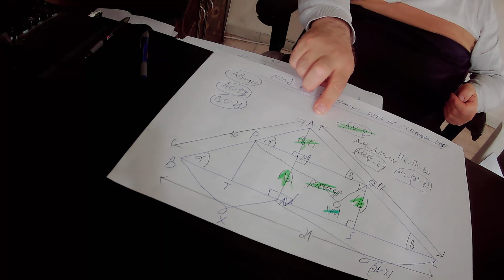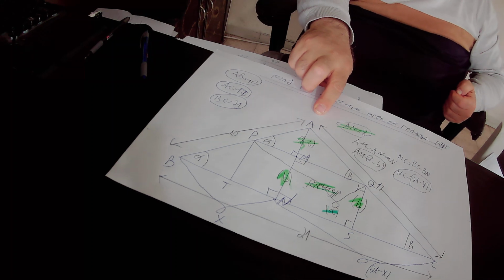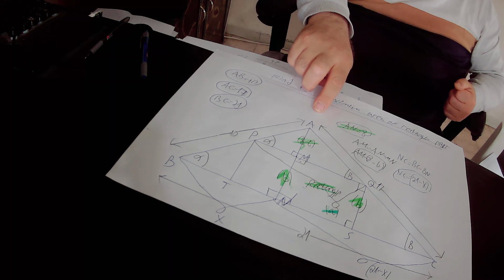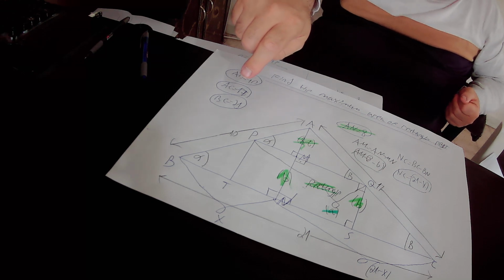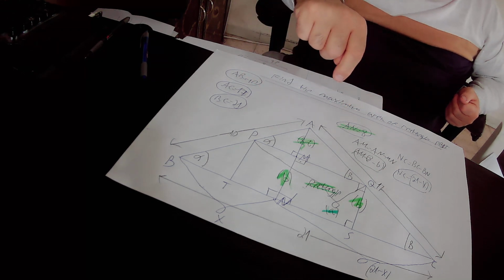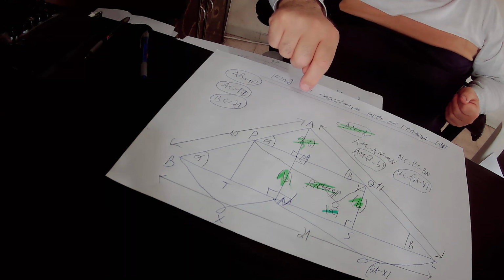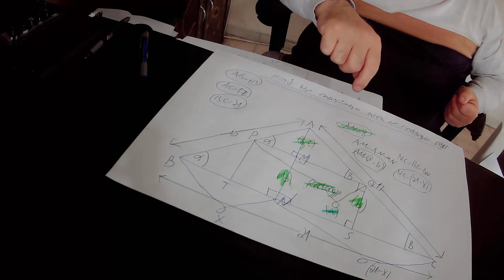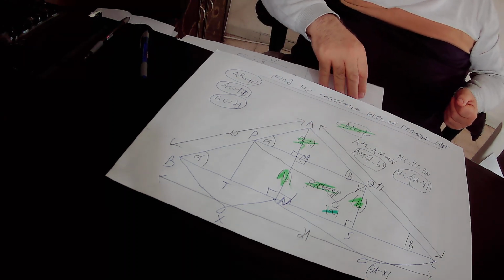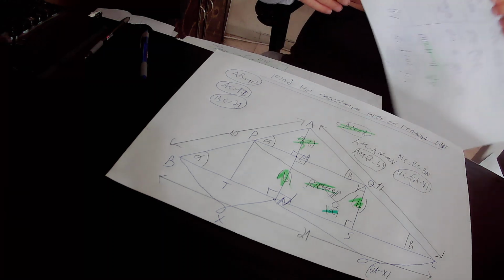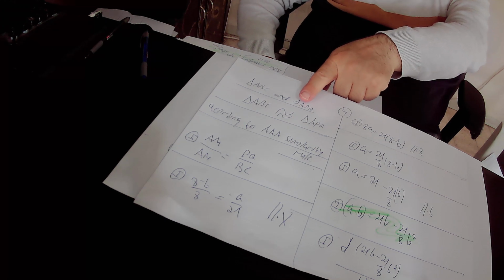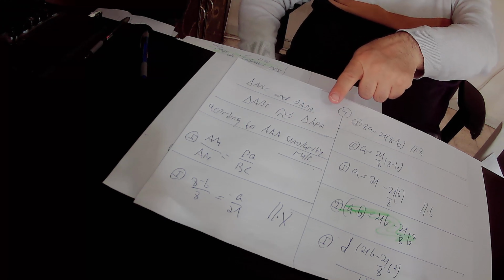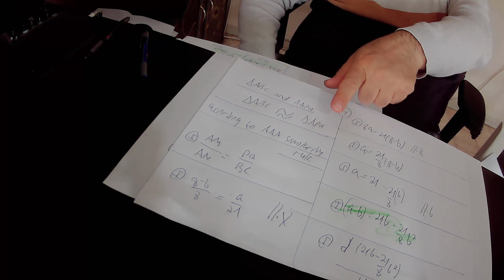So all the angles in the big triangle ABC are correspondingly equal to all three angles in the small triangle APQ, and therefore those two triangles are similar according to the angle similarity rule. Repeat again: the big triangle ABC is similar to the small triangle APQ according to the angle similarity rule.